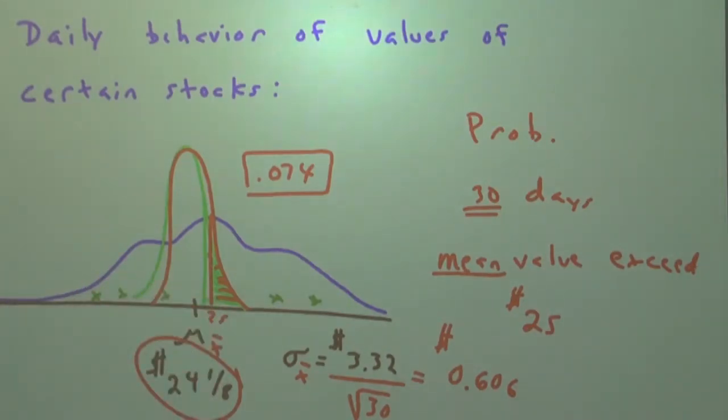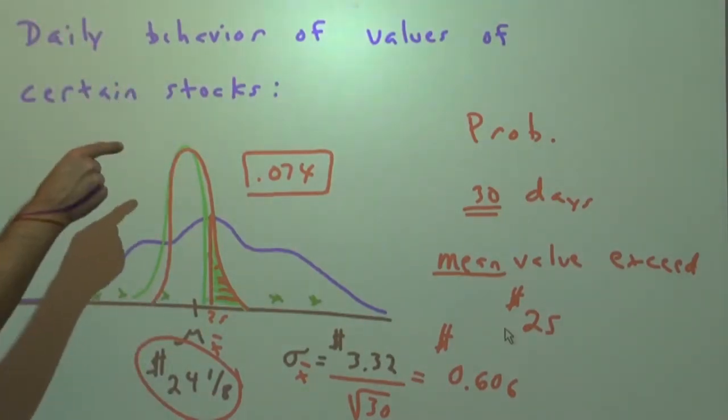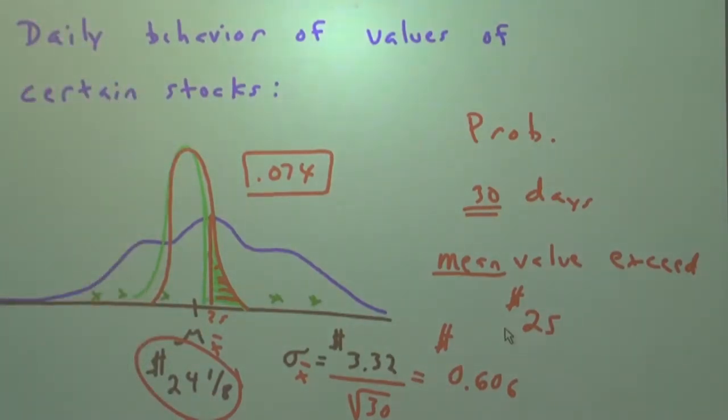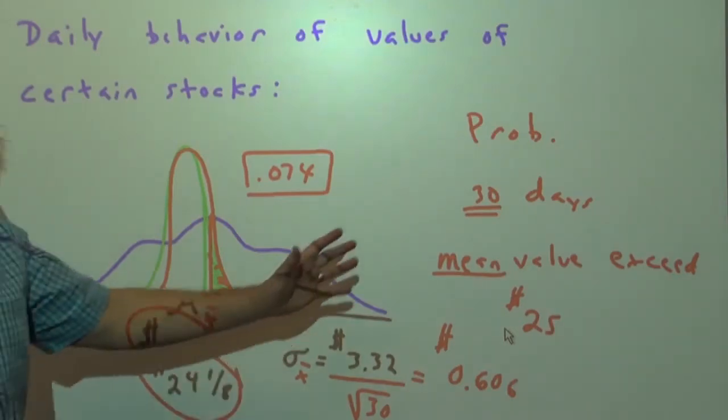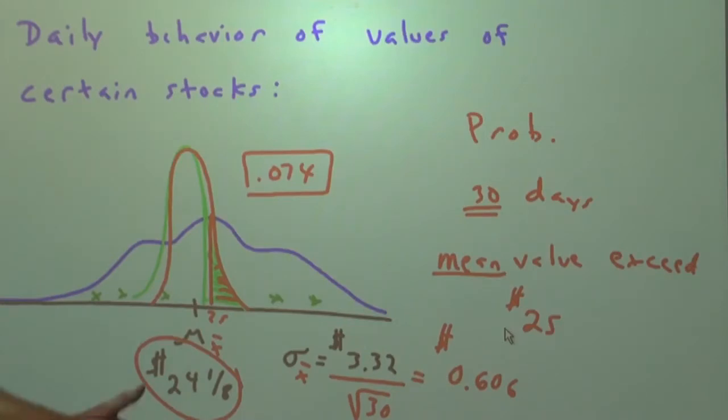That's how the central limit theorem ties in to sampling distributions of means, and this is enormous in life. You take samples of size 30, you don't even care what the original distribution was. You can use z-scores and find probabilities that means will exceed certain things.